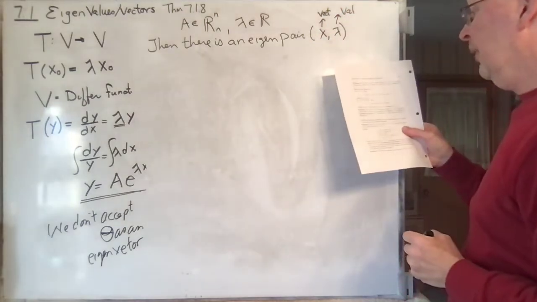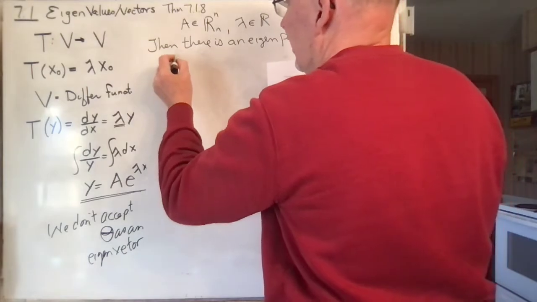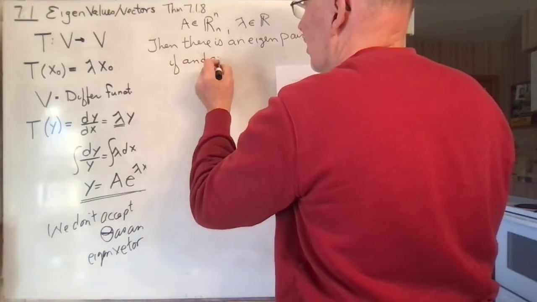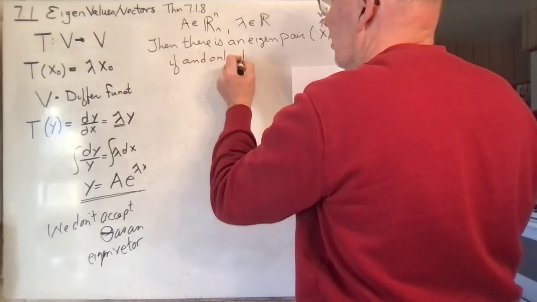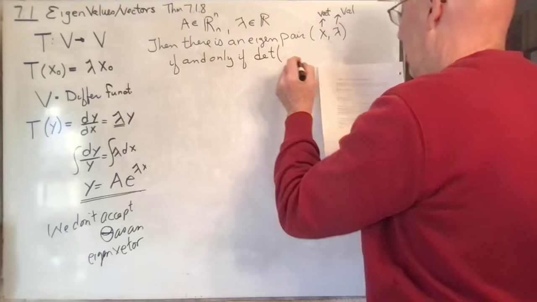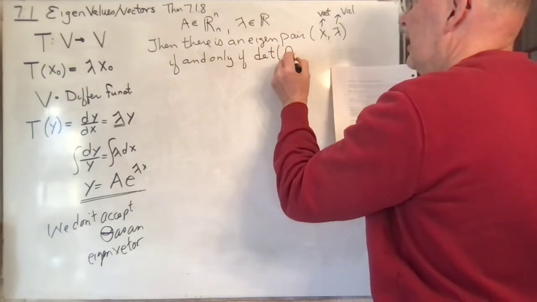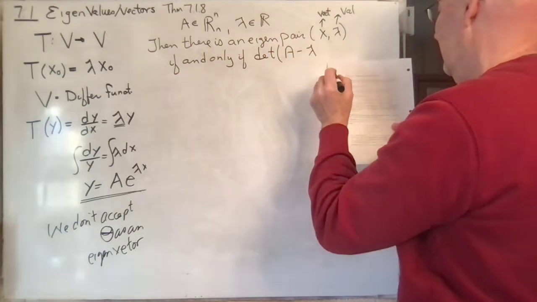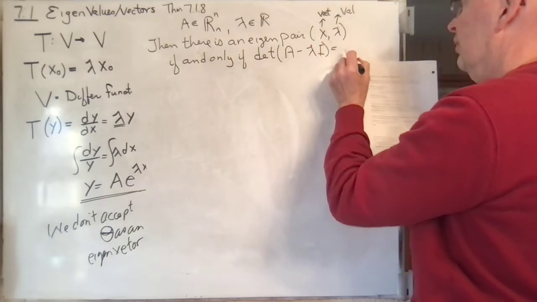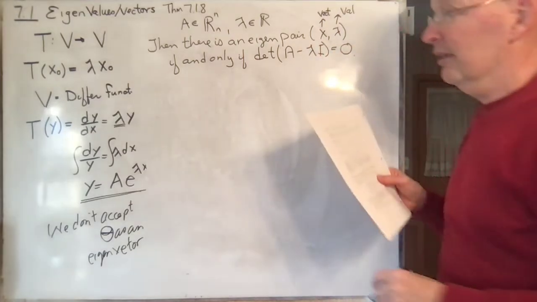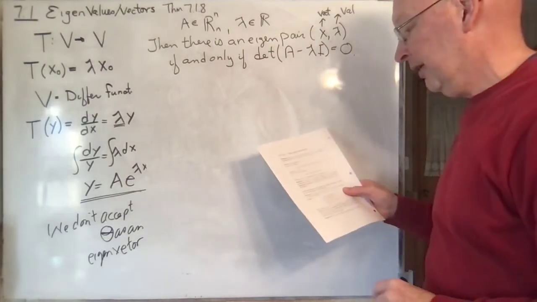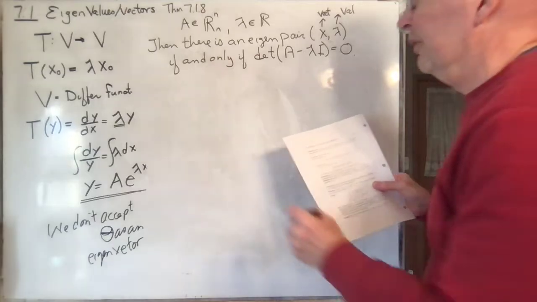There is an eigenpair if and only if the determinant of A minus lambda I is equal to 0. And let's prove it first, and then we'll see how this is so useful. Okay? So here's the proof.